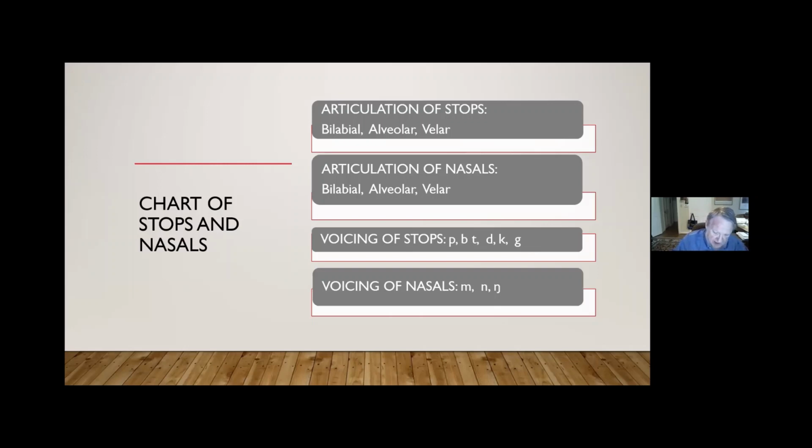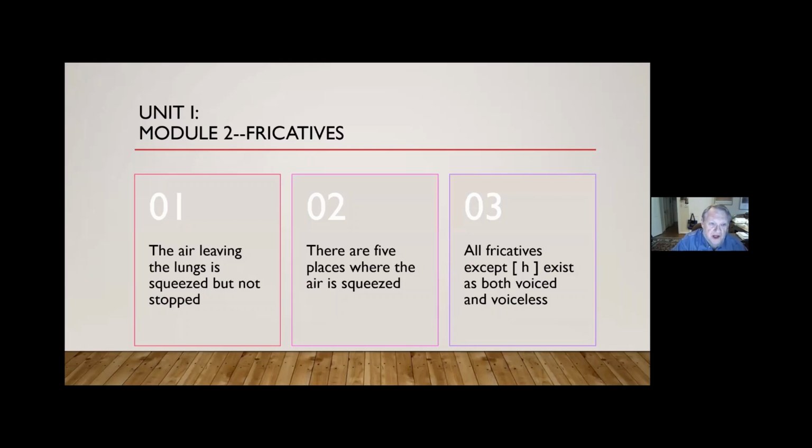All right. Now, the third action or manner that we're going to talk about is fricatives. We still have the air coming out from the lungs, and we stopped it in the first category. This time, we're not going to stop the air. We're going to squeeze the air. We're going to squeeze it down so narrowly that there's actually friction or noise that's created, hence the name fricative.